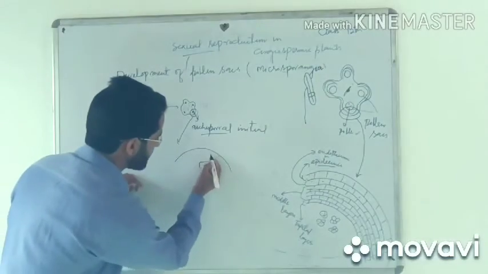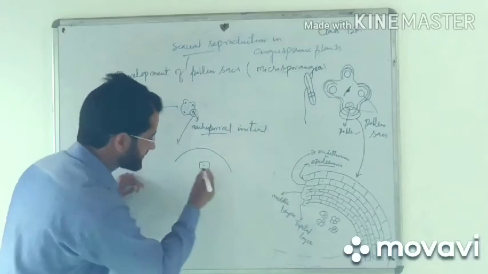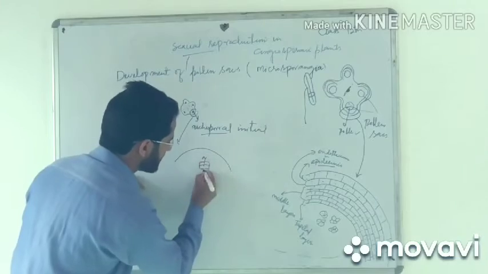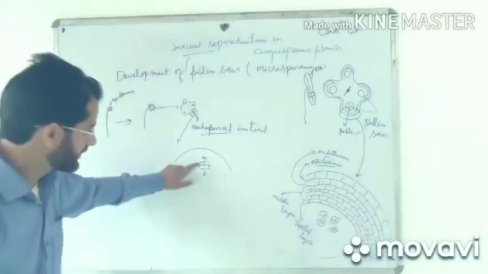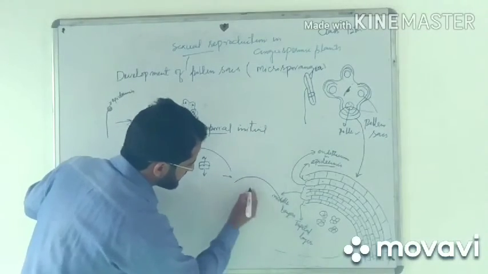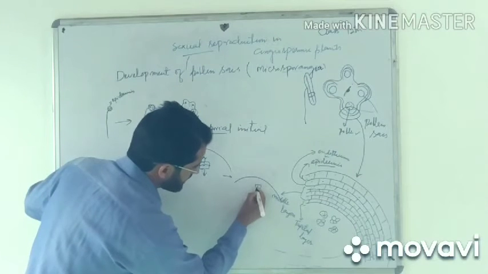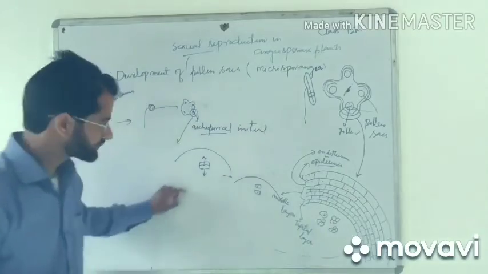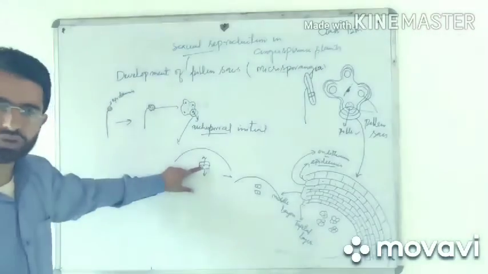This is the epidermal wall. If the cell divides parallel to this, it forms two cells, one towards the wall and another away from the wall, right? Two cells.